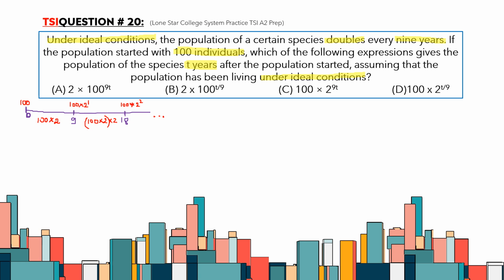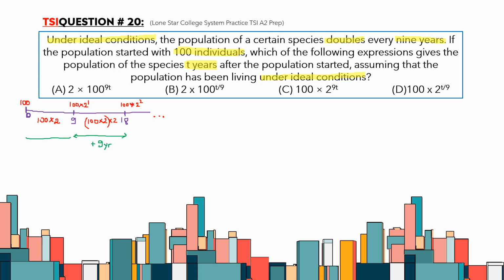So every 9 years, the population will be, first, 100 individuals multiplied by 2 because they double every 9 years. And then from that 100 times 2, after 9 more years, they will get 8. So after 18 years, that means 9 more years.